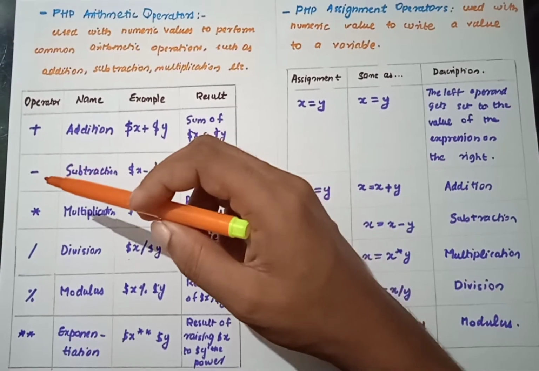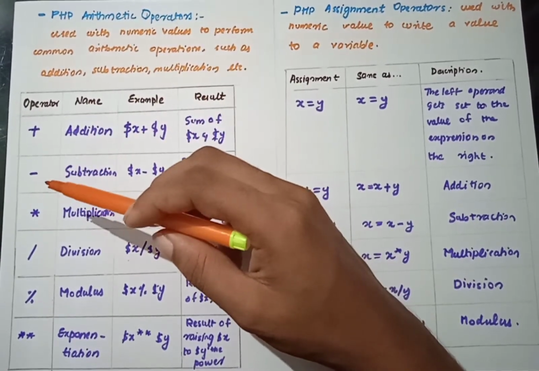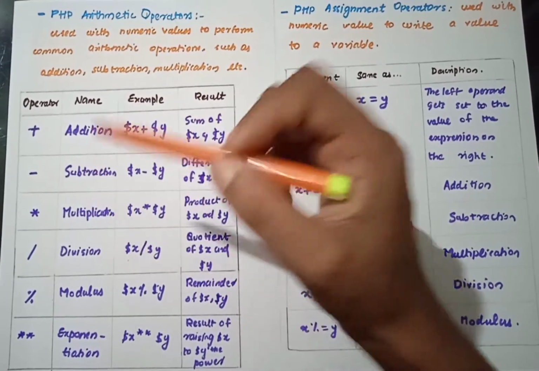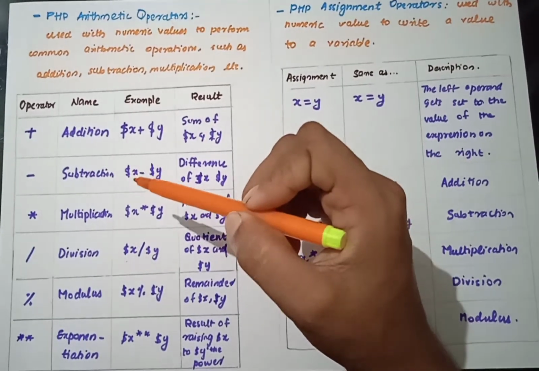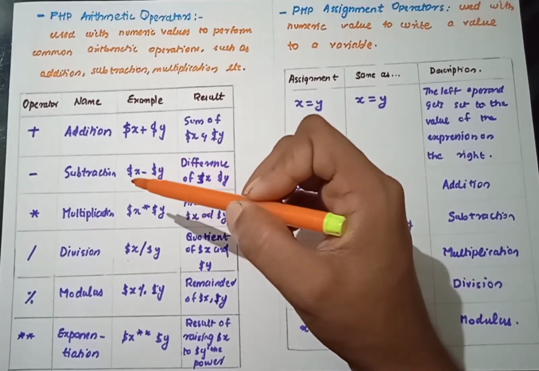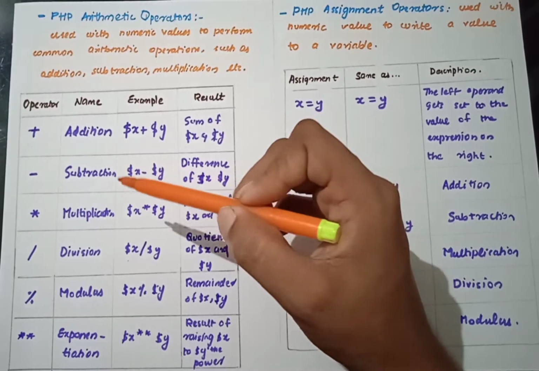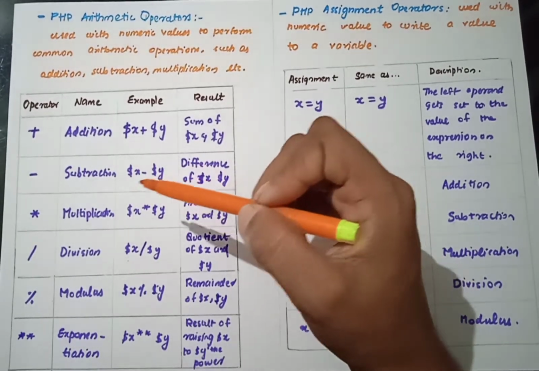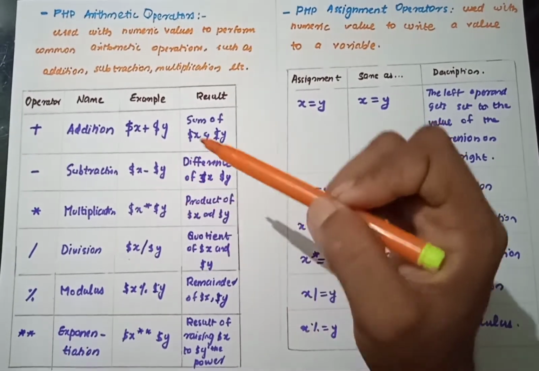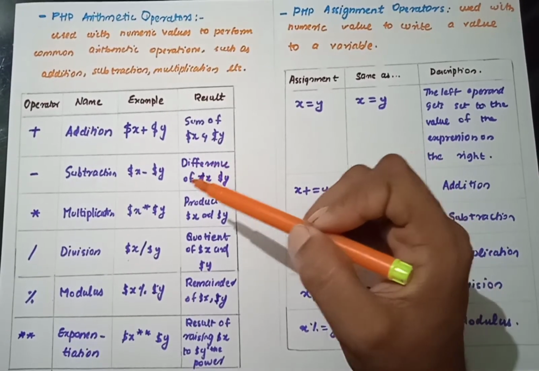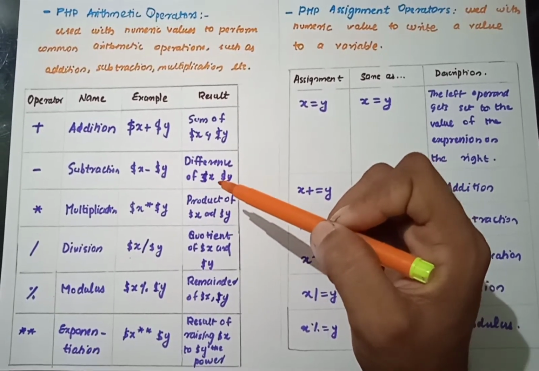The next operator for arithmetic operations is subtraction. So this is the simple operator for subtraction, and when you need to subtract the value of variable y from variable x, you can use this operator, and here the result will be the difference of x and y.